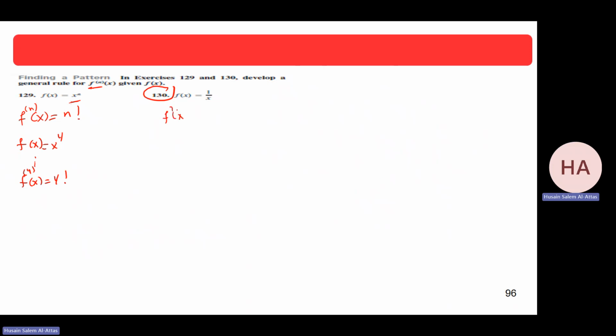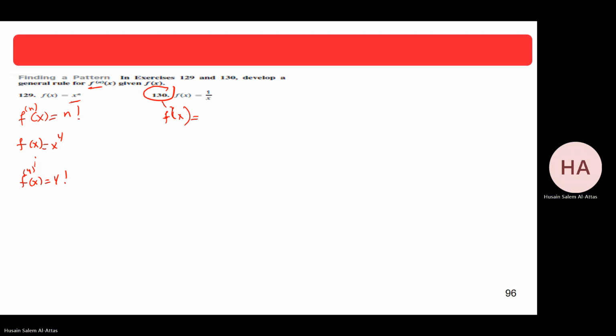F prime of x will be what? Quotient rule. You see in the bottom. F prime will be what?